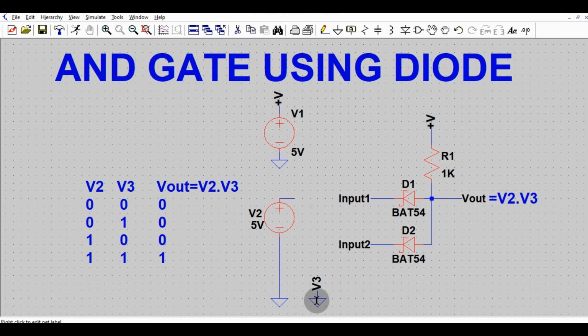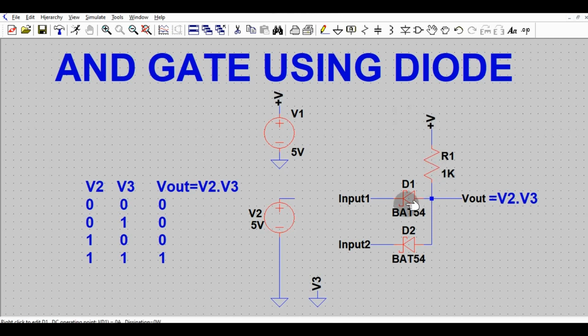V2 and V3 at the moment I have kept open. You can see this is 5 volt here, V plus. This is connected to this node by using some label, and this is connected to R1, the value of R1 is 1k.